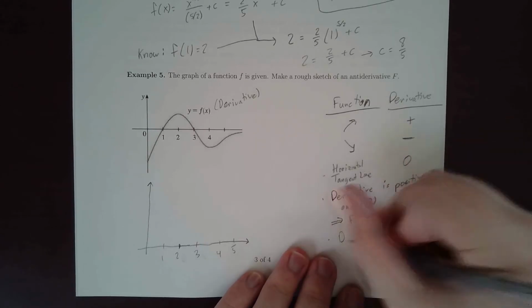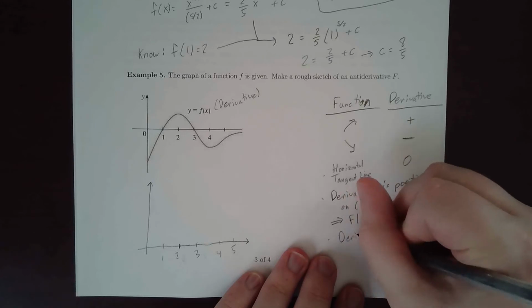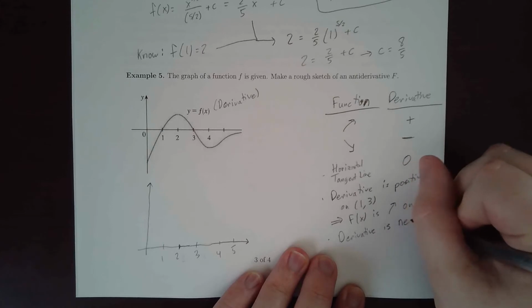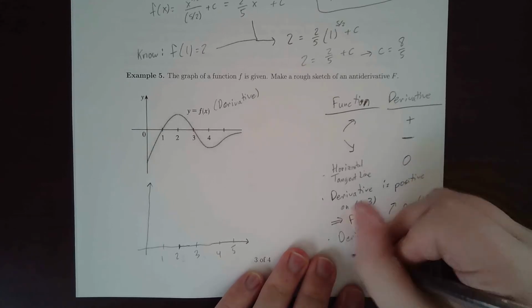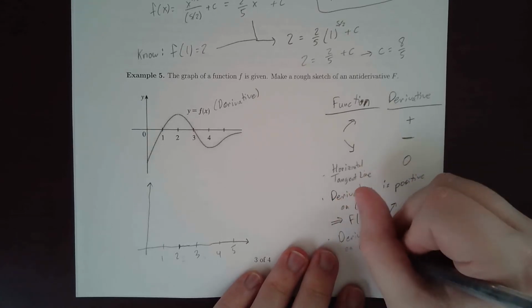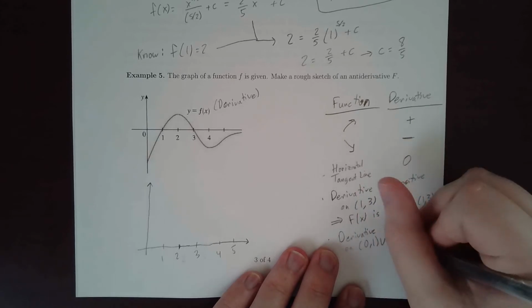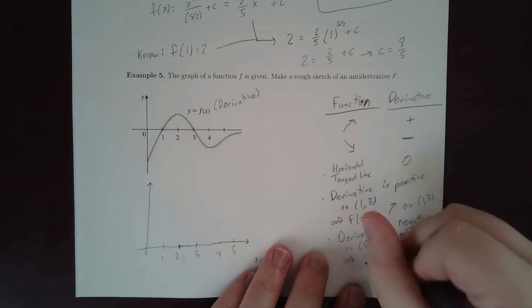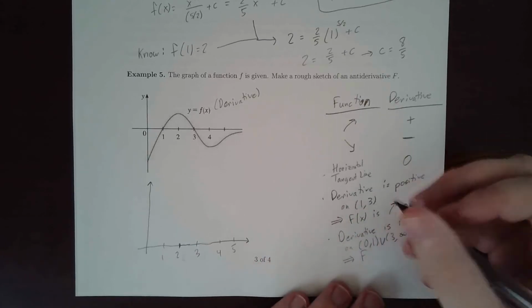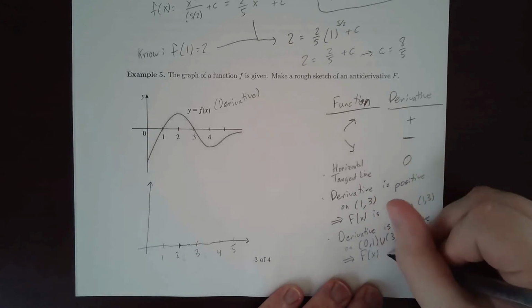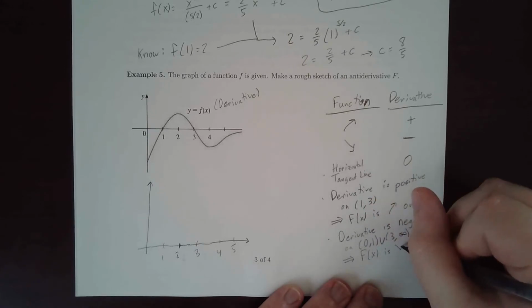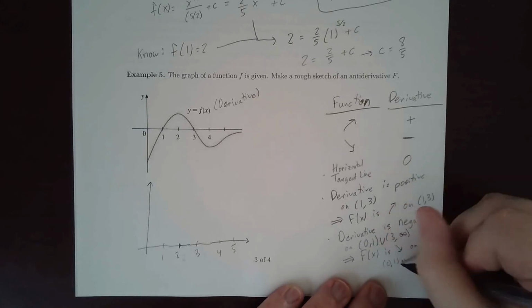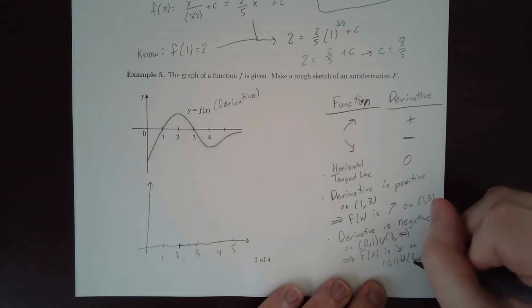And since the derivative is negative on 0 to 1 and on 3 to infinity, our original function is decreasing on 0 to 1 and 3 to infinity.